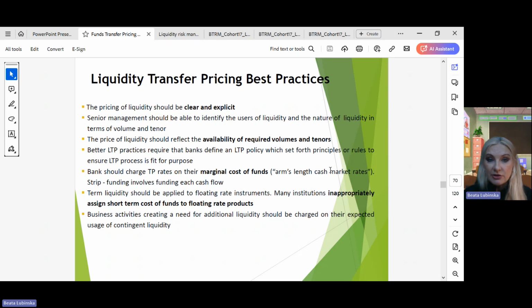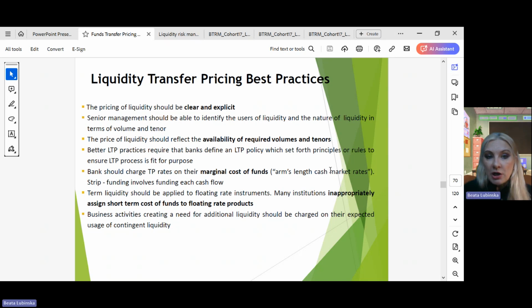And the regulator is setting up the best practice for writing the ILAP, for approaching the ILAP exercise. And there is a chapter which is supposed to be fully dedicated to the LTP process. So again, this is very important to know what these liquidity transfer pricing best practices are.